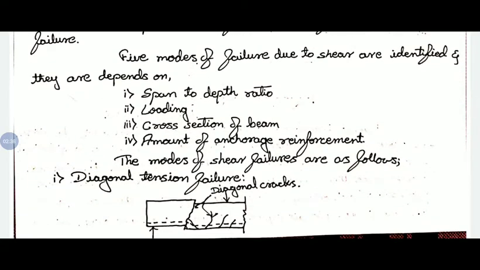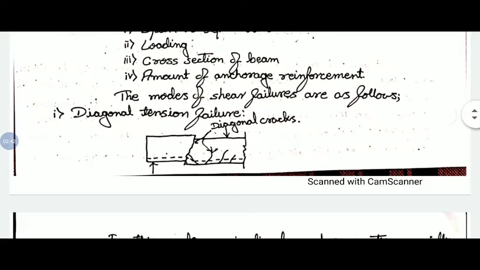So now let us discuss modes of failure due to shear one by one. The first mode of failure is diagonal tension failure. In this type of failure the crack propagates rapidly due to inadequate shear reinforcement.